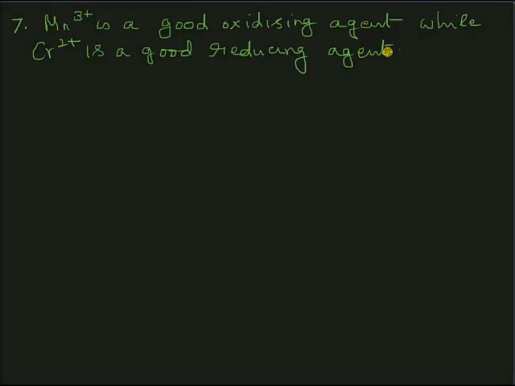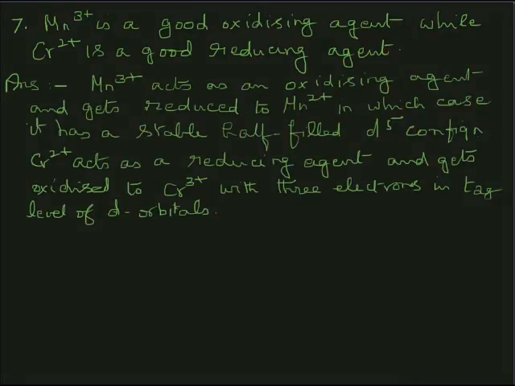Only then you will be able to answer such questions. So let us write down the answer now. An ion would have a tendency to pass on to a state with more stable electronic configuration. It will achieve this by acting as a good oxidizing agent or a reducing agent.